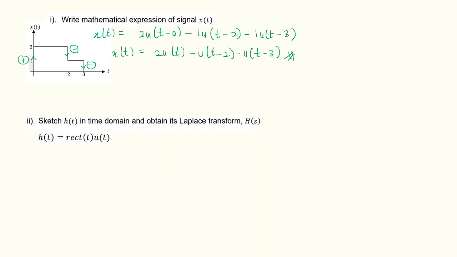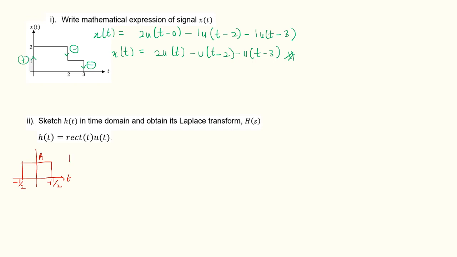Okay, so next question: sketch ht in the time domain and obtain its Laplace transform Hs. So ht is given by rect t ut. How does this signal look? For the rectangular function, always remember the basic rectangular shape. This is the fundamental rectangular shape. The magnitude is A, from negative 1 over 2 to positive 1 over 2 in t.